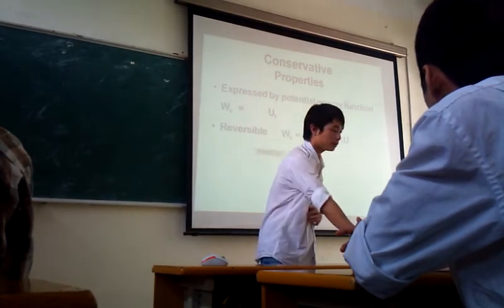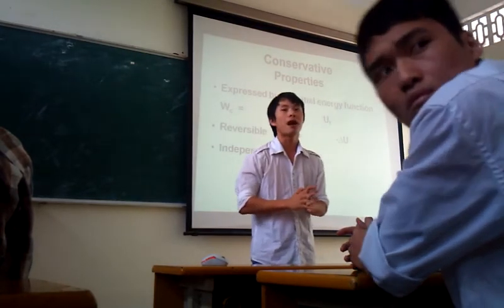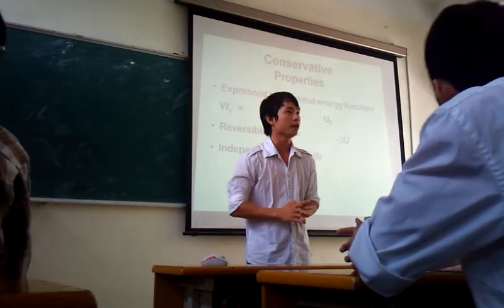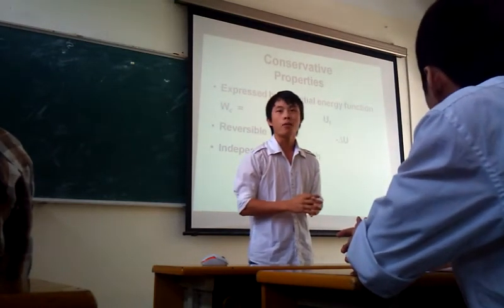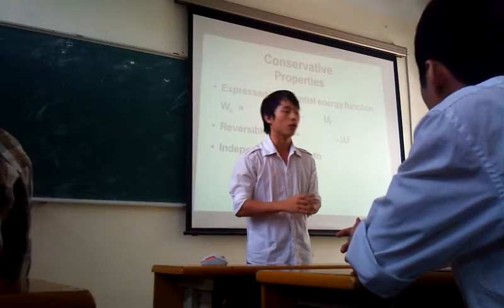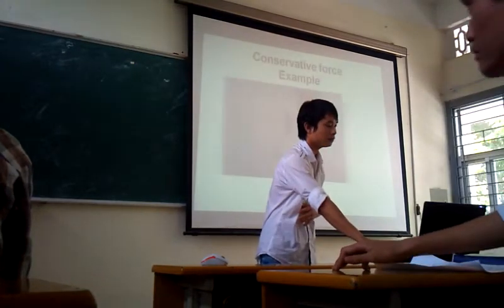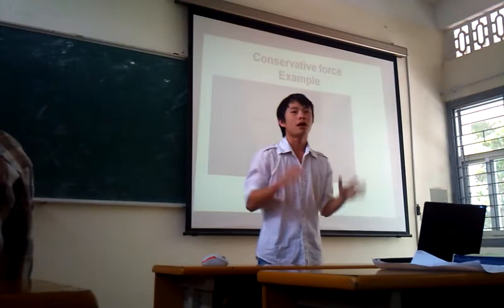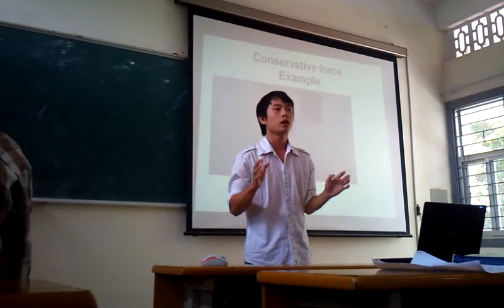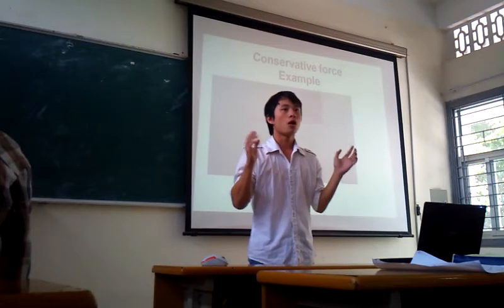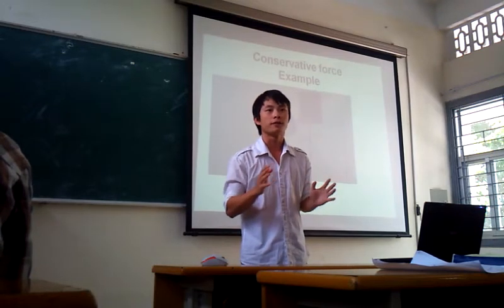And thirdly, it is independent of the path of the body and depends only on the starting and ending points. That's why when the starting and ending points are the same, the total work is 0. Okay, that's all the information about conservative force. But in reality, not all forces are conservative.